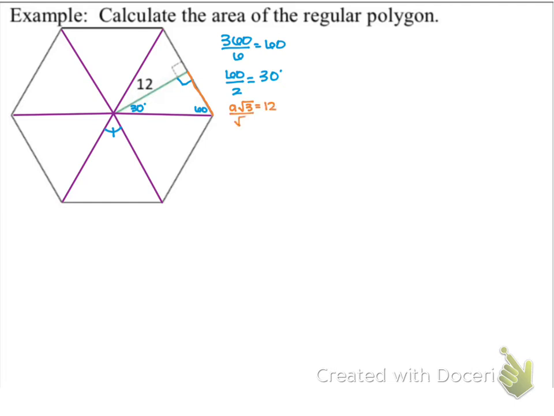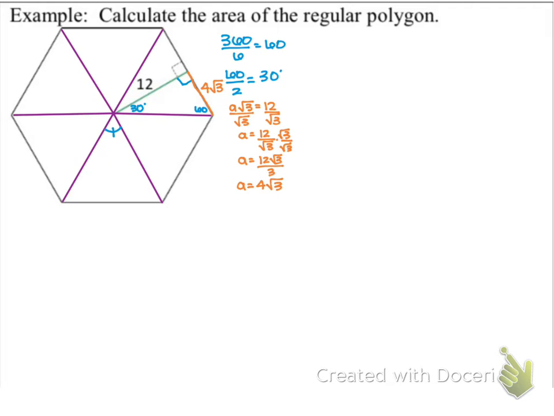So let's simplify that so we can find the shortest side, that orange length. That's going to give me 12 divided by root 3, and I'm going to rationalize this. So that is 12 root 3 over 3, which we know can be simplified to 4 root 3, and that's just my orange location here. So this is 4 root 3.